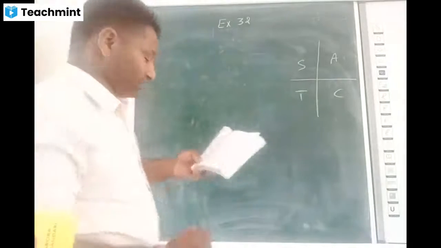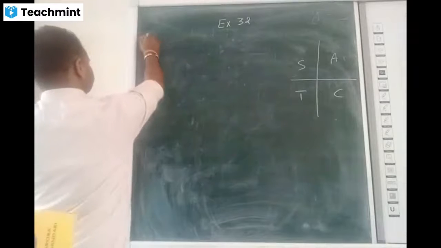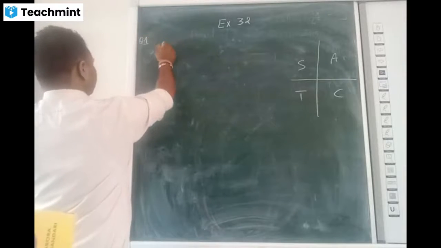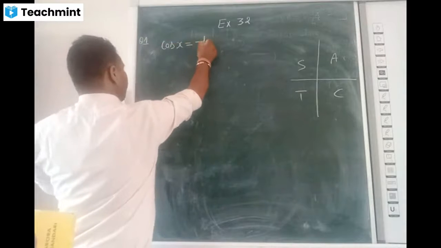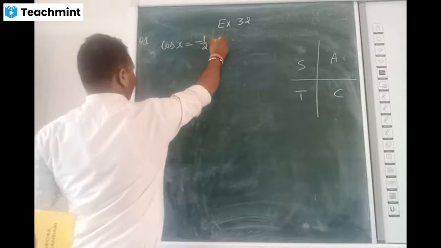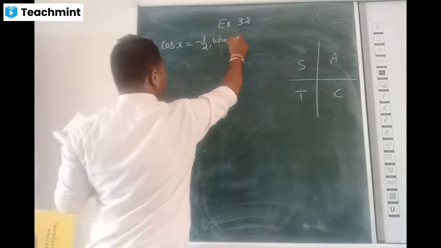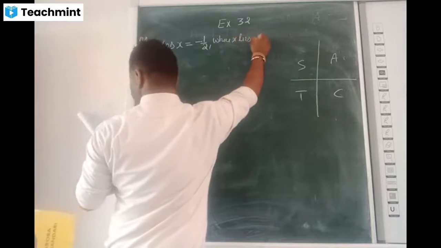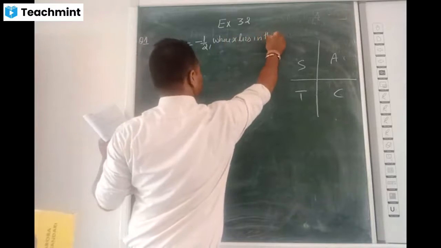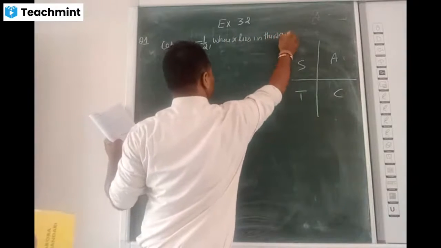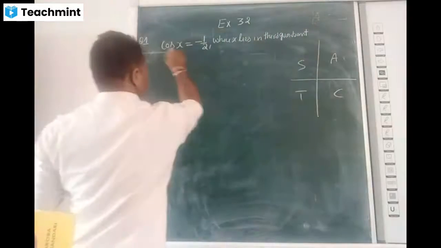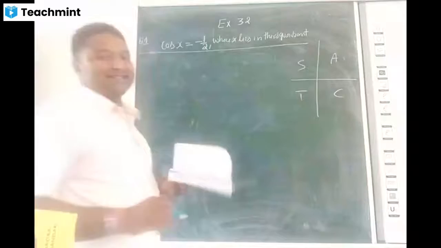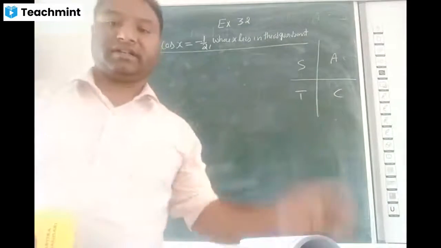So let's see now the question first. Cos x is given as -1 upon 2, where x lies in the third quadrant.